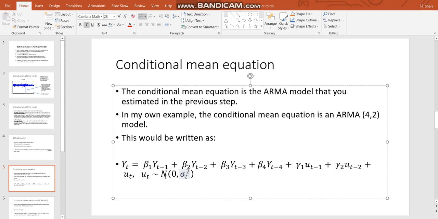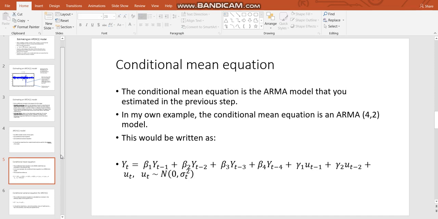And just pay very close attention to that term right there. Notice how there's a t beside sigma squared. That allows for heteroscedasticity as opposed to homoscedasticity, depending on the time period. So just bear that in mind. That's how you would write it down in word form.